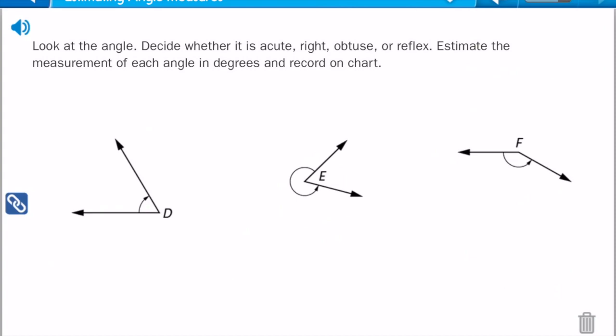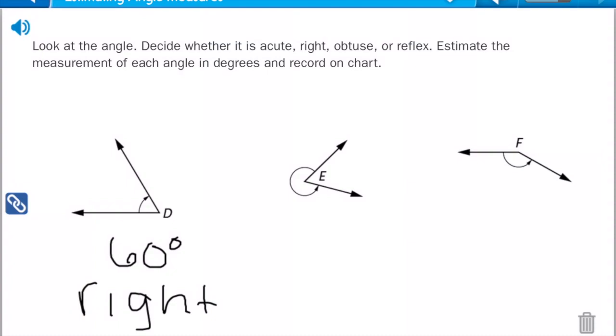So that means it has to be an acute angle. And if I'm going to estimate, I need to estimate less than 90. It's only a little bit less than 90, so I'm going to guess that it's 60 degrees. But like I said before, any reasonable estimate is okay.